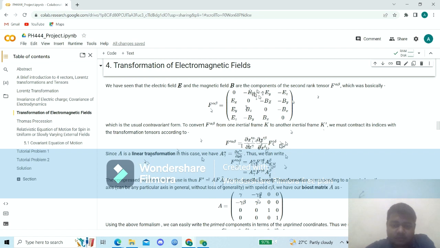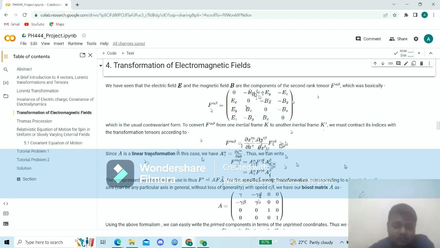So for the specific Lorentz transformation, we can consider a boost along the x1 axis only for simplicity, of course. It can be in any particular axis in general, but without any loss of generality, we would like to choose a boost along the x1 axis only, and it's also in accordance with Jackson.